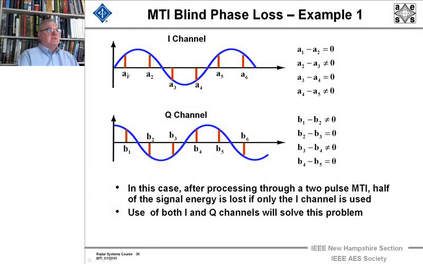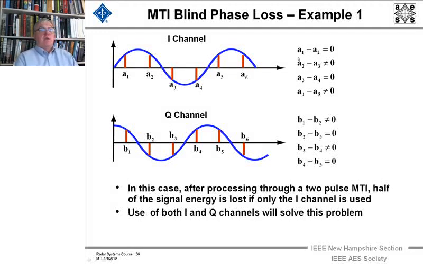But the point is, say we had returns at the sampling rate, A1, A2, these are our samples we took, A1, A2, A3, A4, A5, A6 with the I channel. And then with the Q channel, we took B1, 2, 3, 4, 5, 6.